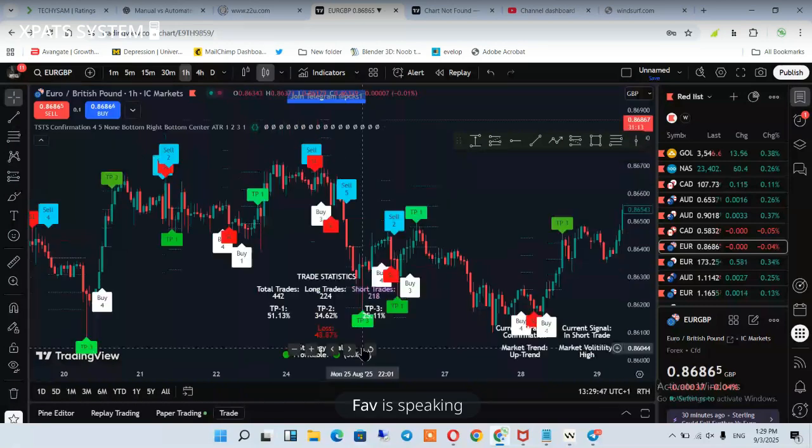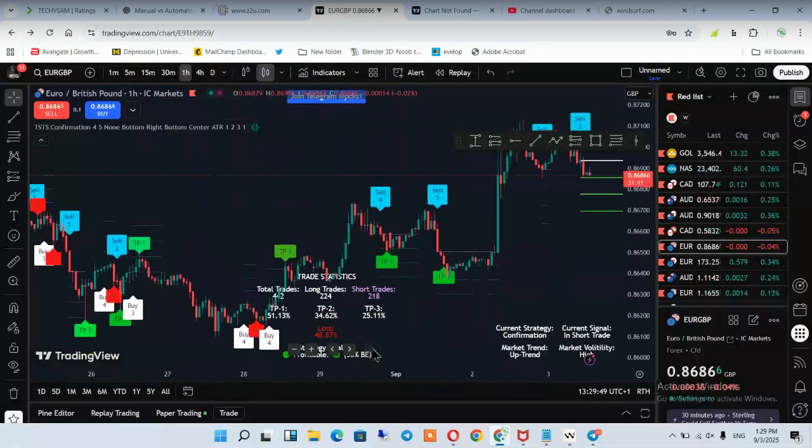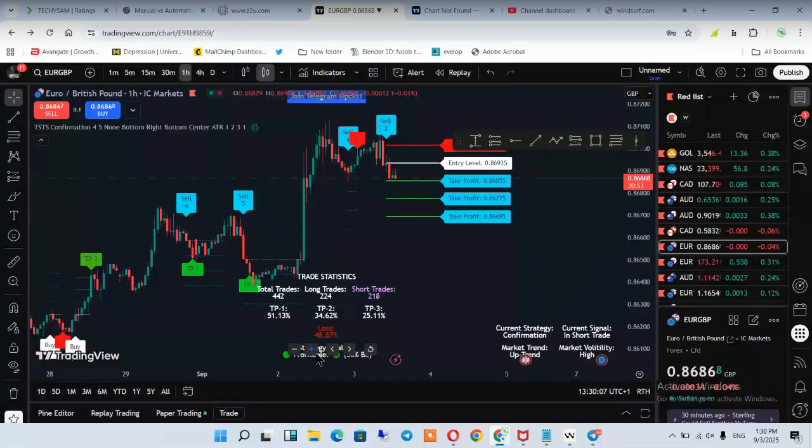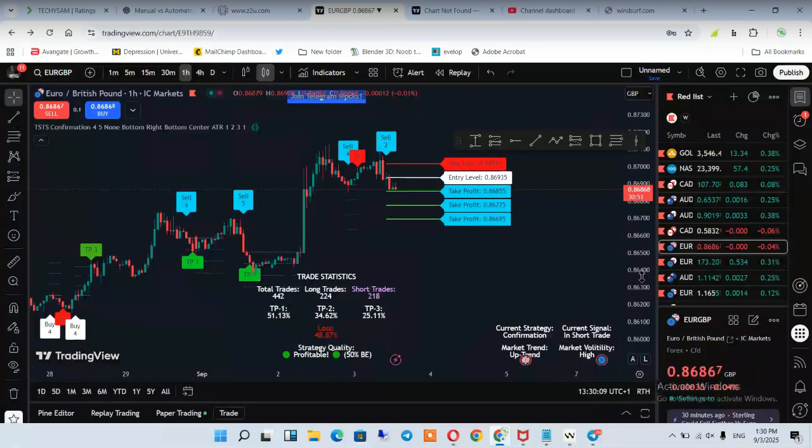All right, Euro GBP. These are some of the pairs I actually don't like because of the way they move. But with our system here at 442 trades, we are profitable. You can see down here it says profitable, which means our TP1 is above 50%.